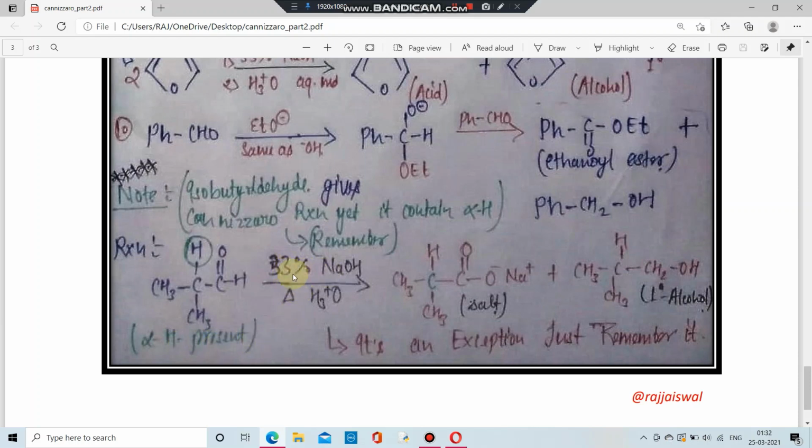Now in the presence of 33% NaOH or KOH, what we are getting is two products, one as acid containing the same number of carbon atoms that isobutyraldehyde has, and one as a primary alcohol containing the same carbons as isobutyraldehyde has. Look, this is a primary alcohol, this is a salt of acid, but just remember the isobutyraldehyde case is an exception. We have to just remember this as an exception.